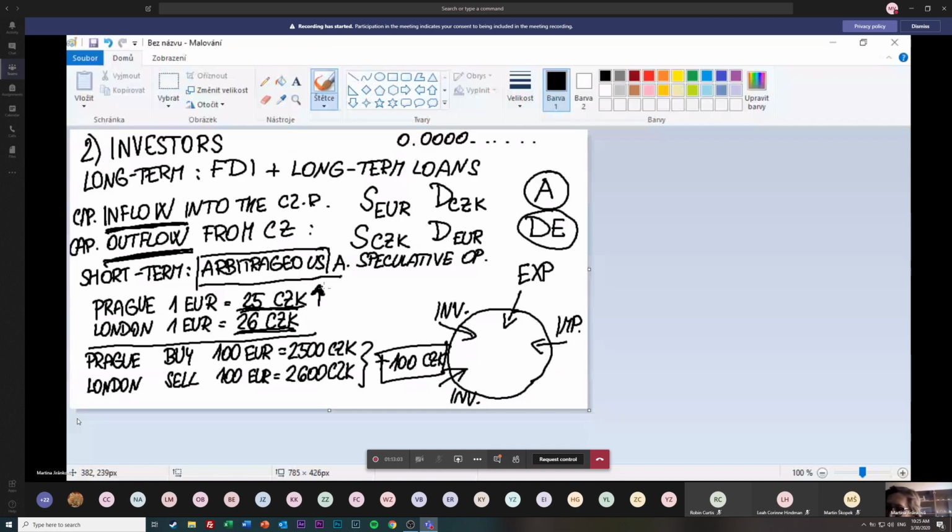And you understand that these changes will continue until the exchange rate is the same in Prague and in London. They will be equal. Then the arbitrage will stop.